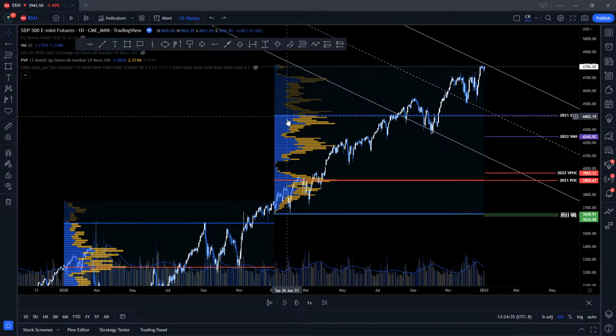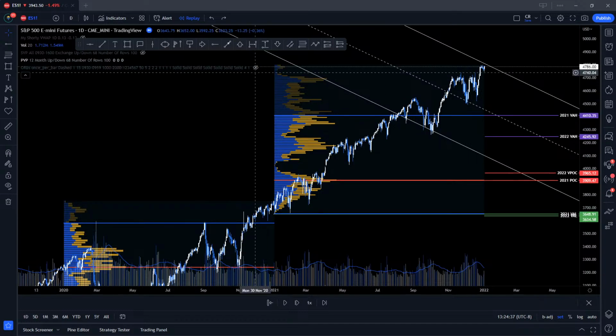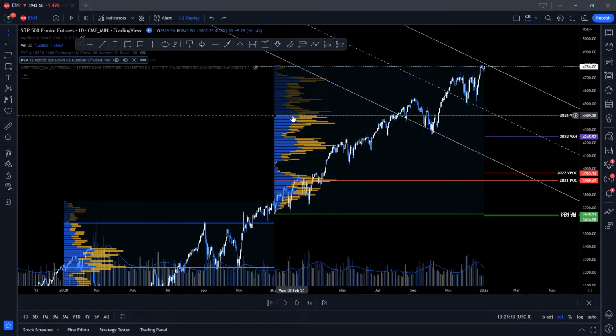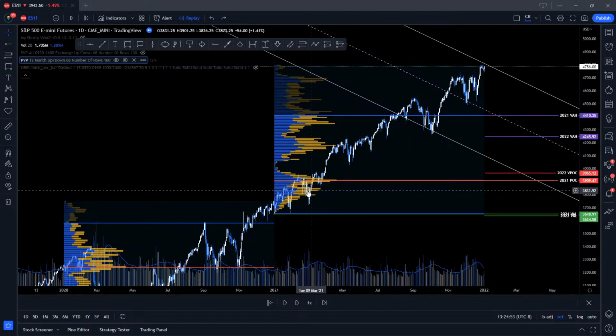So this highlighted area is going to be, if we look at our settings, that's the value area, 68%. So from our value area high to our value area low is going to be where 68% of the trading volume took place in the time frame that we're looking at.